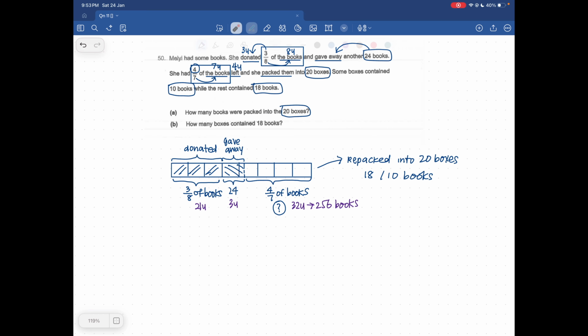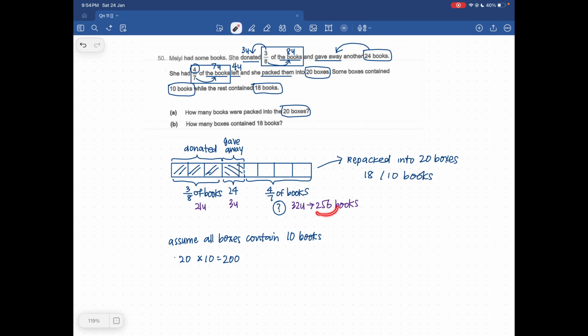So what's the assumption method? First, we assume all the boxes contain 10 books. So I will take 20 times 10, which equals 200. If all 20 boxes contain 10 books, there should be only 200 books.